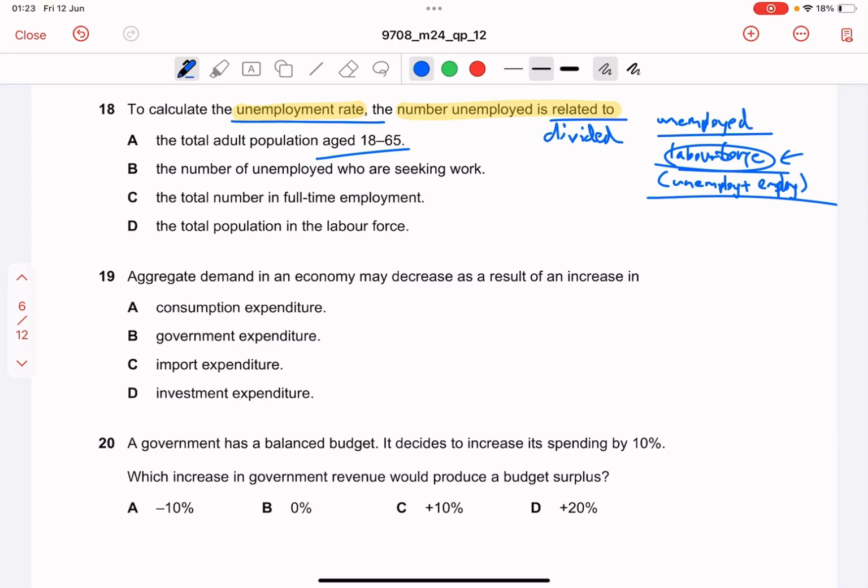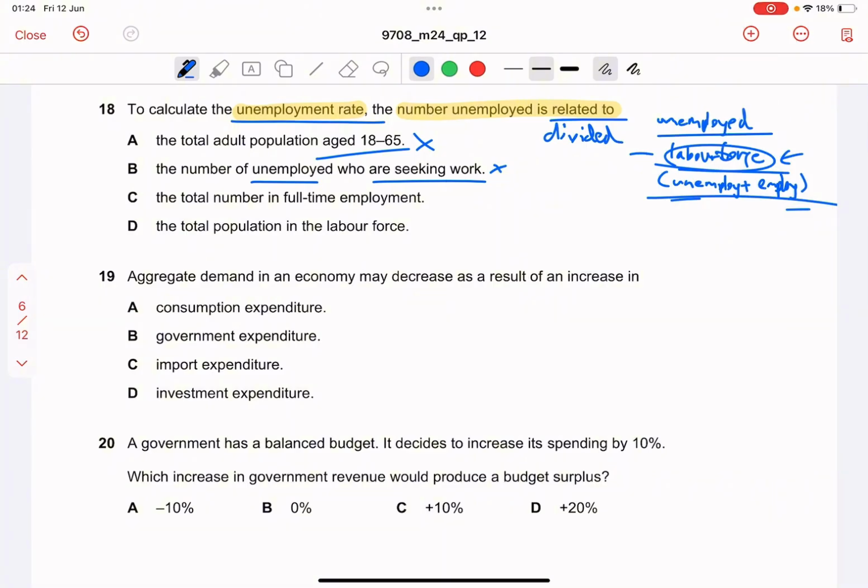So this doesn't specify the labor force, so I'm going to cross that out. Now it says the number of unemployed who are seeking work. If you are considered an unemployed person, you will be seeking work. That's the characteristic of the definition. But that's not what we're dividing it by. We're dividing it by the labor force, which includes both unemployed people and employed people. So we cross that off.